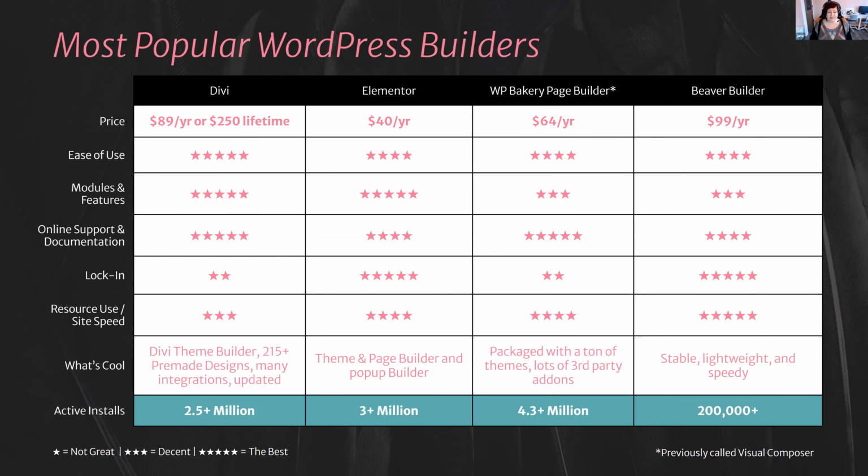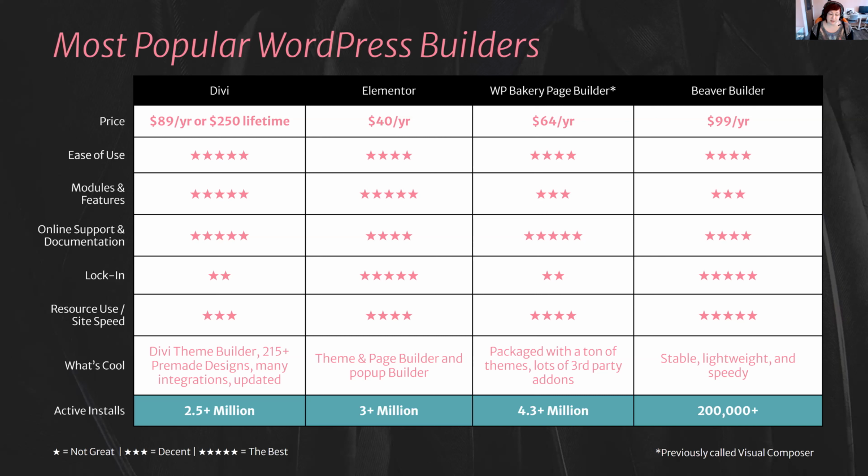What's cool is that Divi builder also comes with a Divi theme, and it has over 200 pre-made designs, many integrations, it's always updating. And so you can really start a website really fast from a pre-made layout and then customize it for your own. I typically use a Divi builder with a Divi theme because it just makes it that much more powerful, and there's lots of integrations for it.